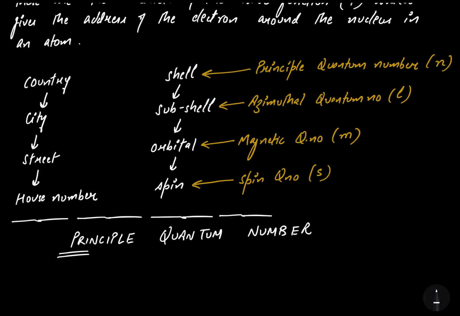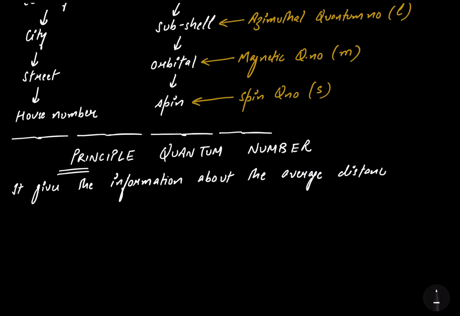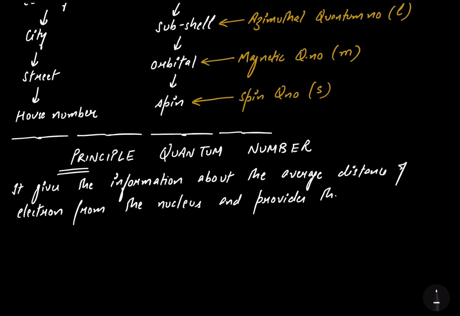It gives the information about the average distance of the electron from the nucleus, and provides the main energy shell number in which the electron is present.